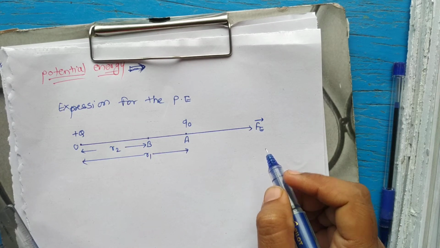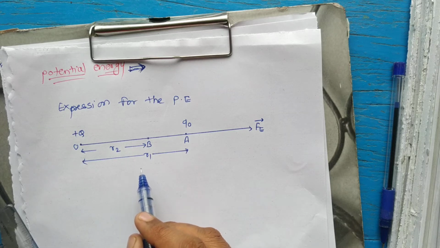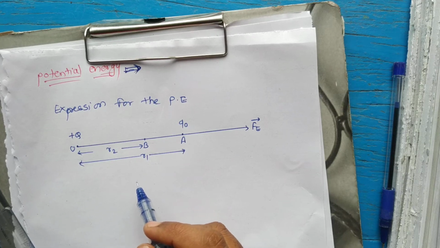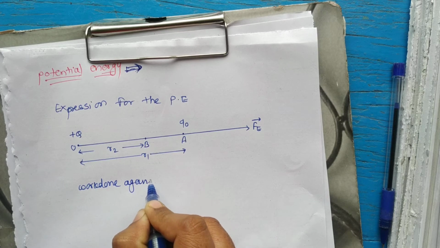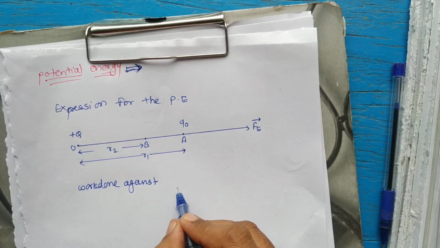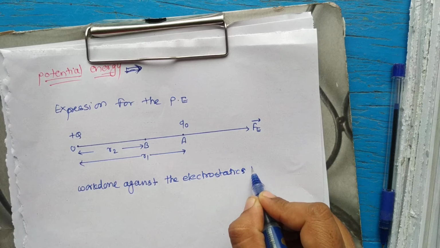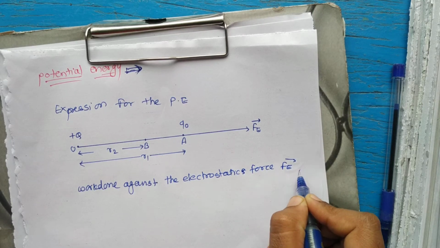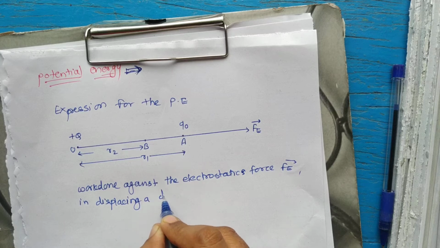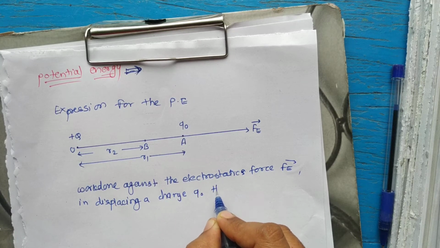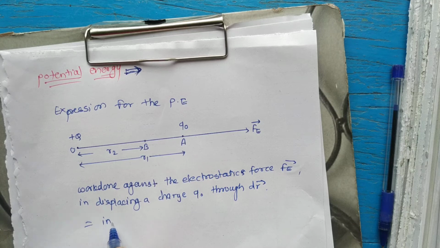Let a small charge plus Q naught be brought from point A to point B at respective distances R1 and R2 from O. Work done against the electrostatic force Fe bar in displacing a charge Q naught through dr bar is the increase in the potential energy.